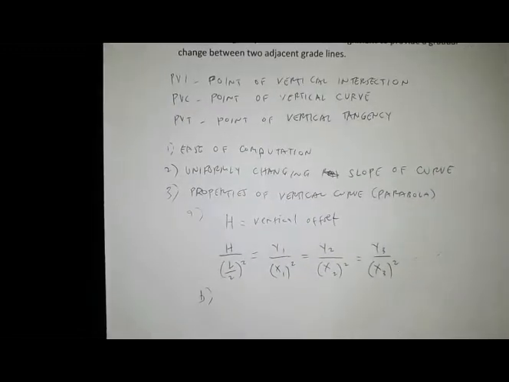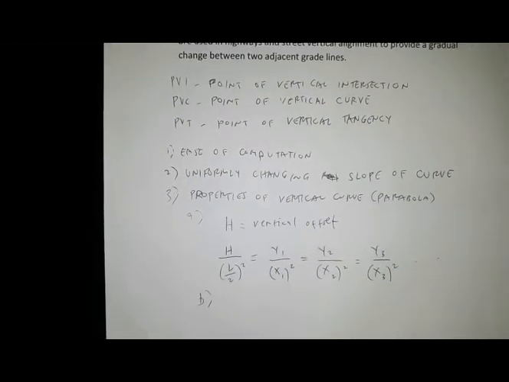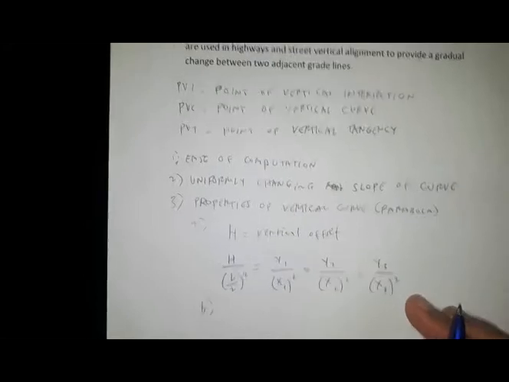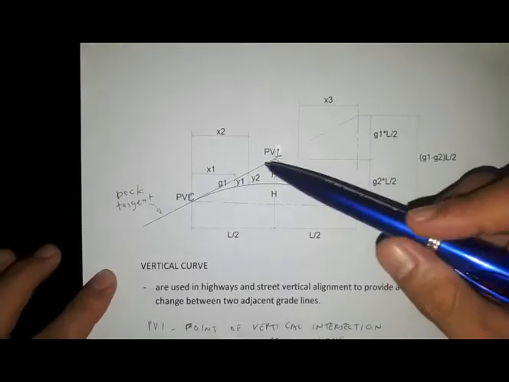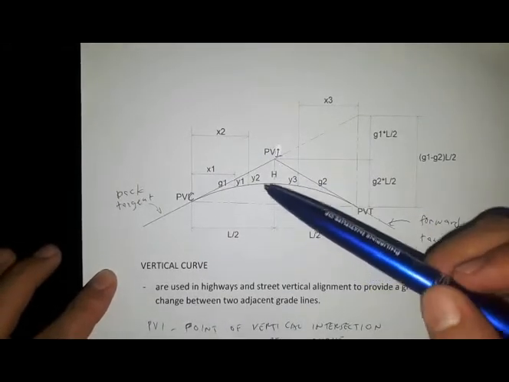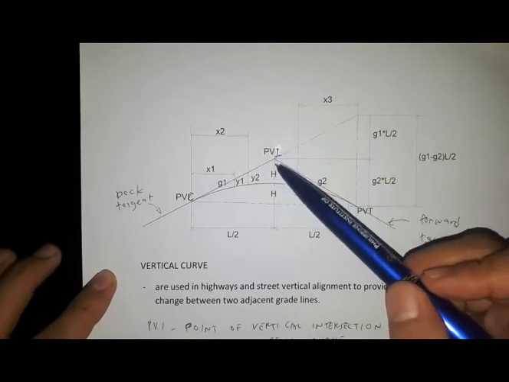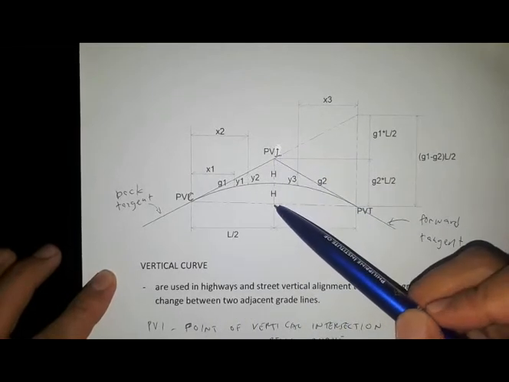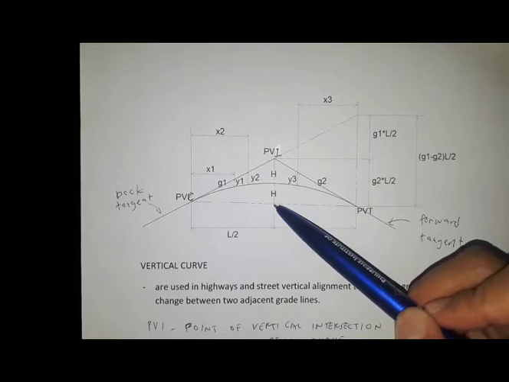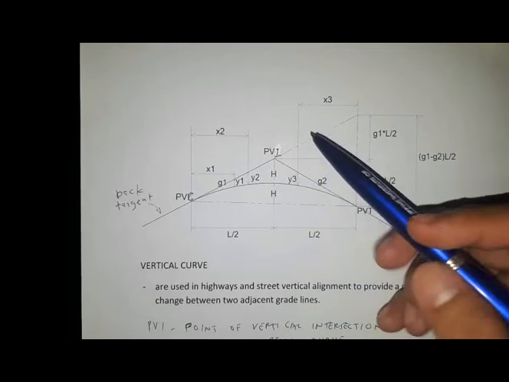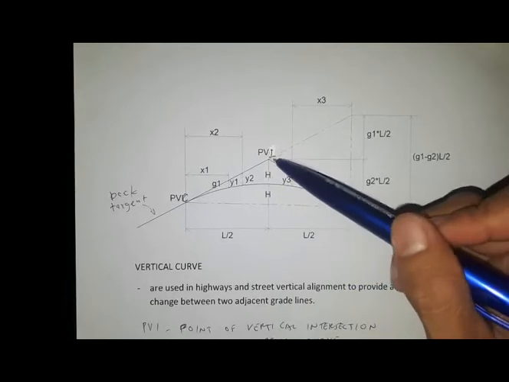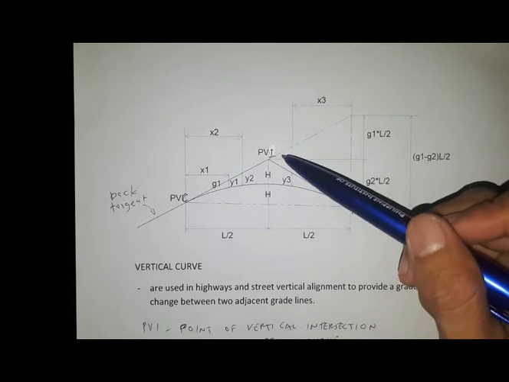Second property, the curve bisects the distance between the vertex and the midpoint of the long chord. What does it mean?